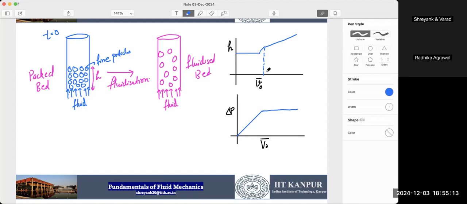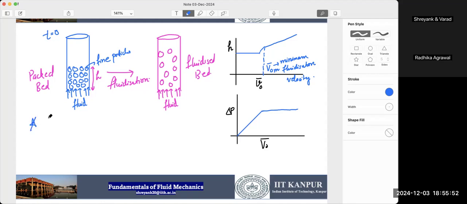So this is the velocity which we call the minimum fluidization velocity. So this is the superficial velocity, and this is the minimum fluidization velocity. Okay, so this is usually what is asked, how to calculate this.